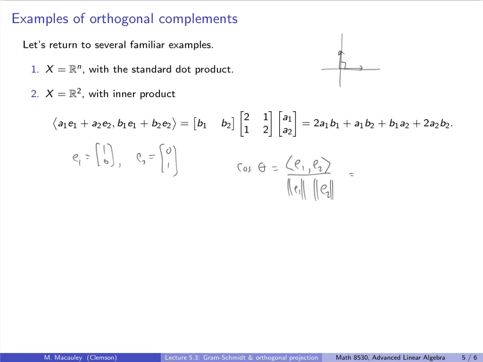And remember that these had norm root 2, and so this was actually 1/2. So the angle between these is 60 degrees. So you can think of this as (1, 0), and you can think of (0, 1) as lying up here.